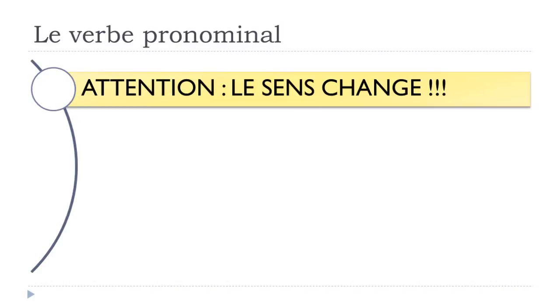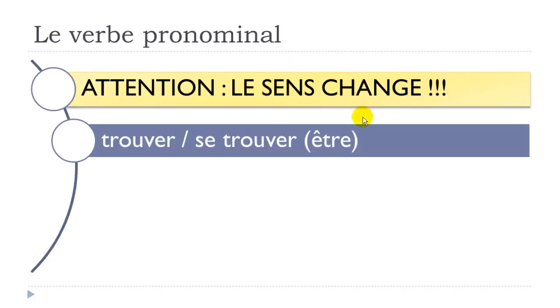Be careful, because in some cases when you add this se in front of the verb, le sens, the meaning of the verb, will change. So I will put a few examples here. Trouver is to find, and then se trouver means to be, être.